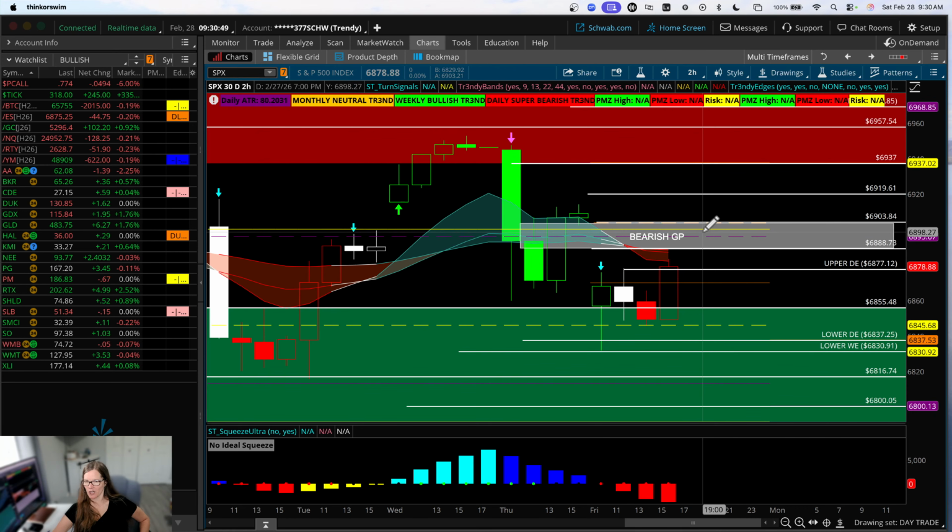You get a change in character, because you would see up candles if price made it up to here. Then you get some sort of confirmation that the momentum is shifting to the downside, and that's when I take the trade, and vice versa here.